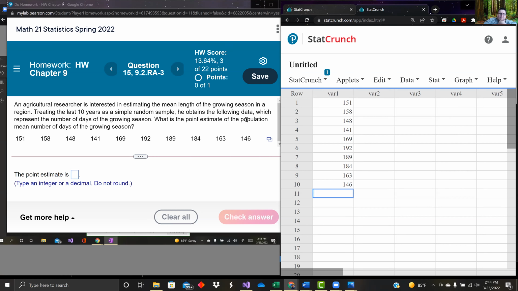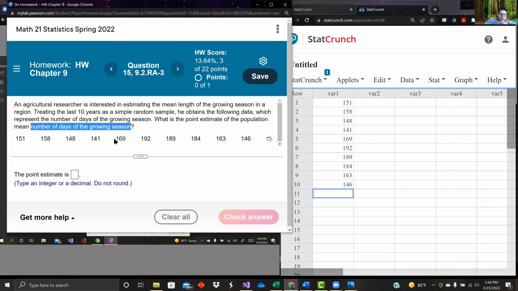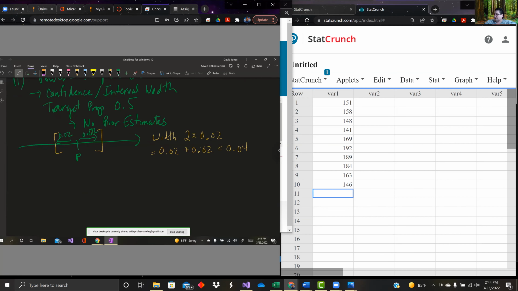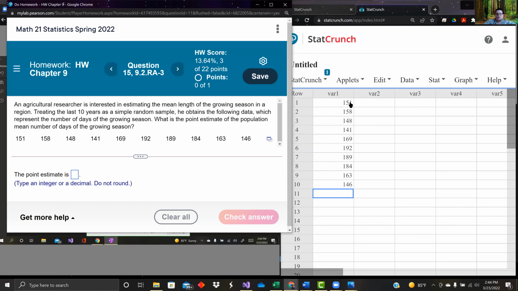So the population mean is about the same thing, number of days of growing. So we're looking for the mean of these, because remember, the point estimate of the population mean is just X bar. And so we'll just do that.